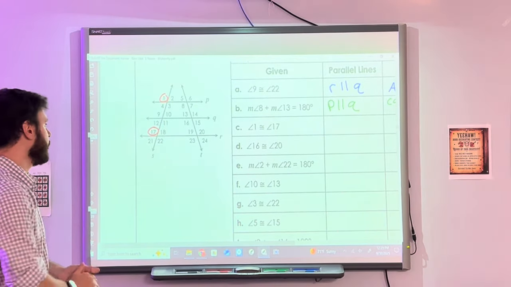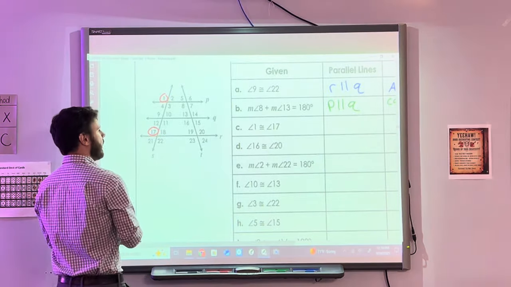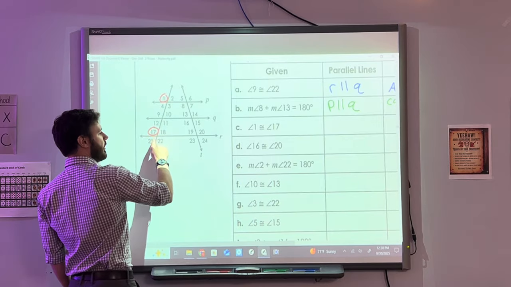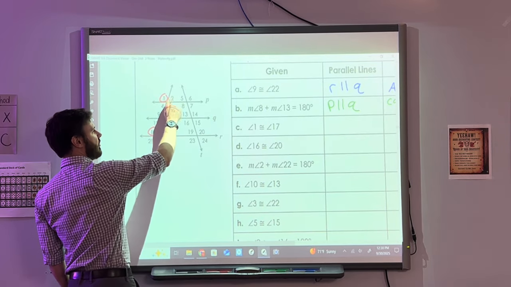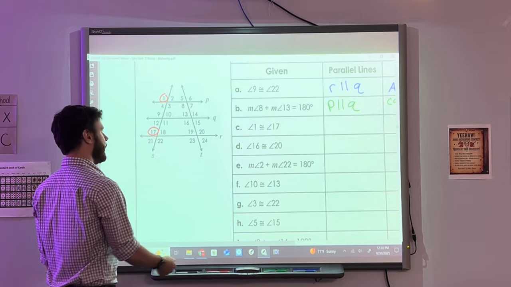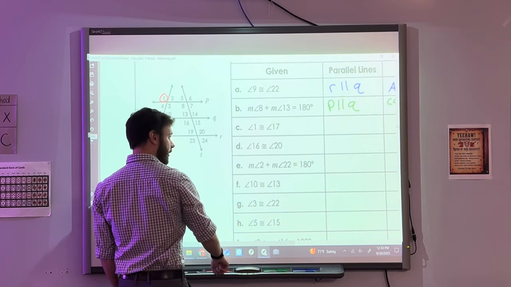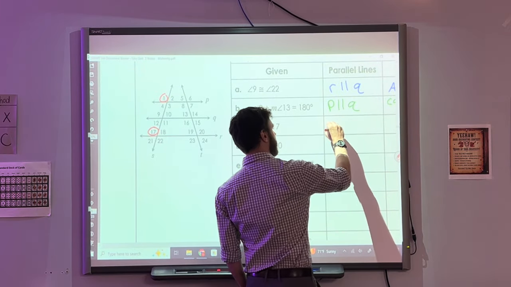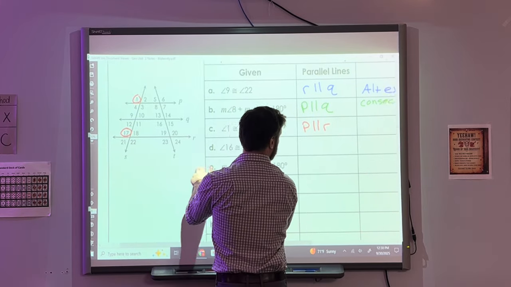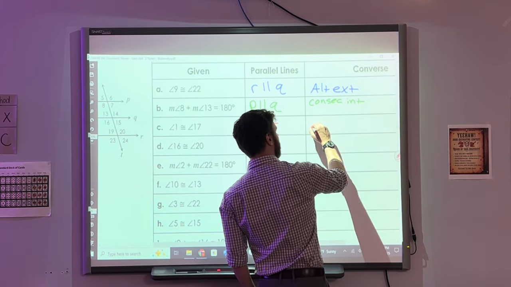Cover that up if you want to on your paper. But right now I'm only caring about line P and line R. And it looks to me that they're both in the top left, so they're corresponding angles, and corresponding angles should be congruent. So my parallel lines are P and R, and the reason I know they're parallel is because of corresponding angles.